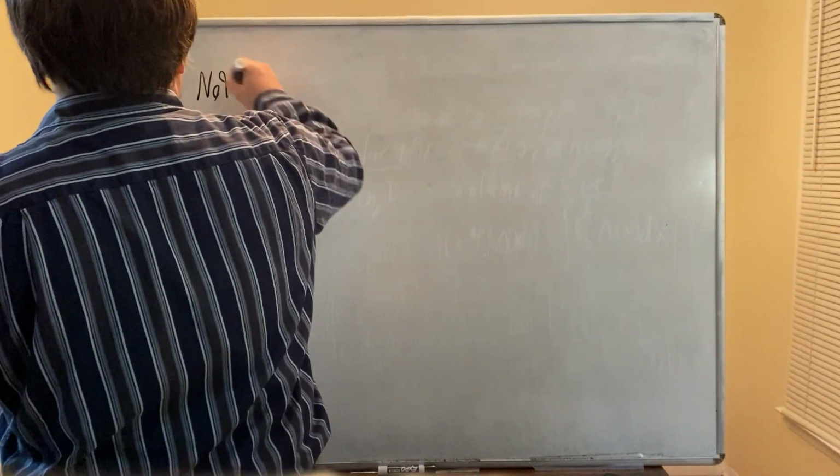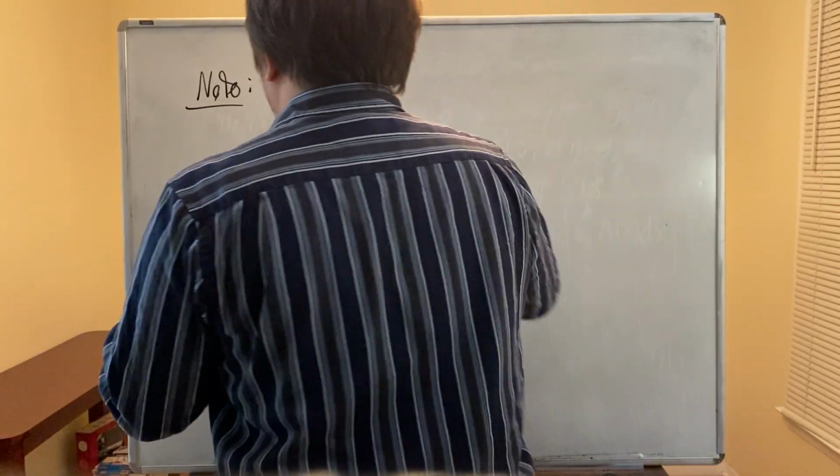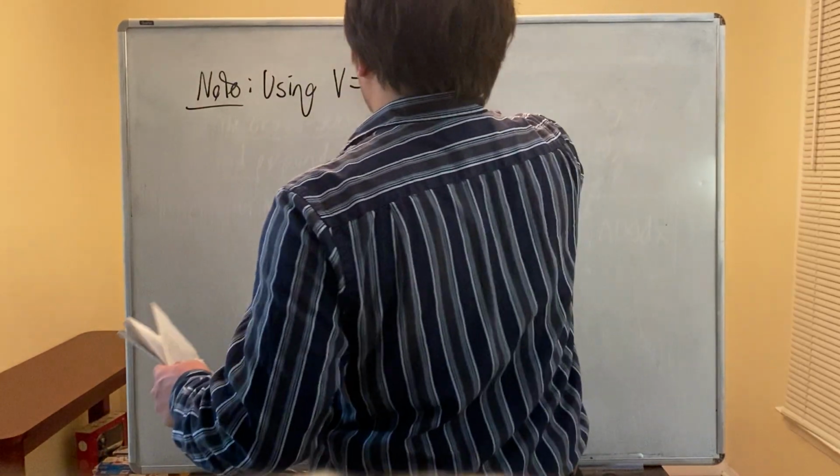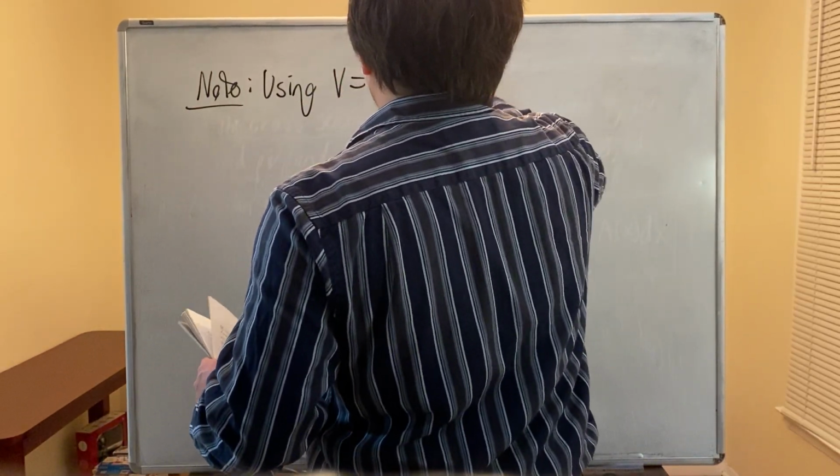So, notes. Using capital V is equal to the definite integral from a to b of A of x dx.